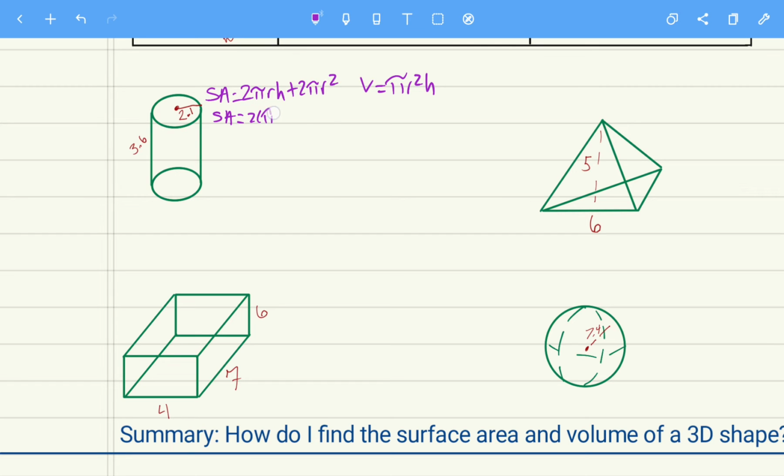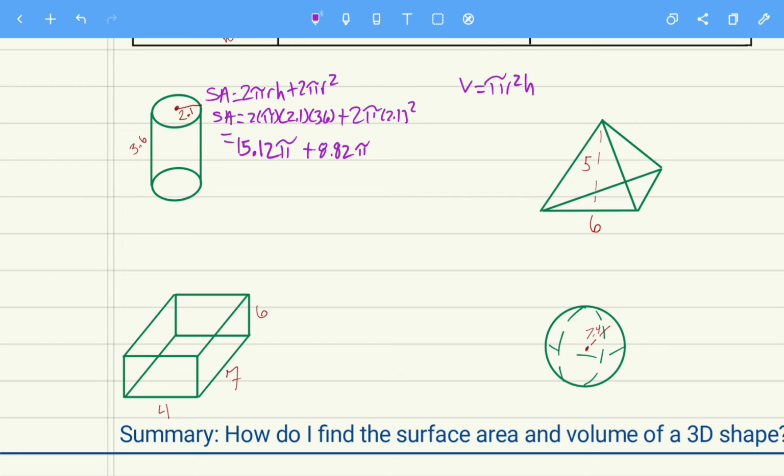So we get 2 times pi times radius, which is 2.1, times 3.6 for our height, plus 2 times pi times 2.1 squared. Multiply all those together, we get 15.12 times pi plus 8.82 pi, which gives us 23.94 pi.